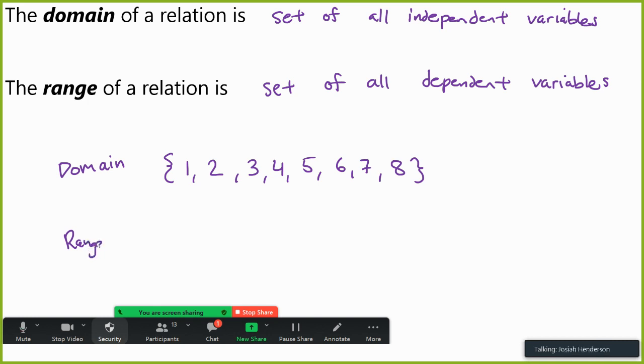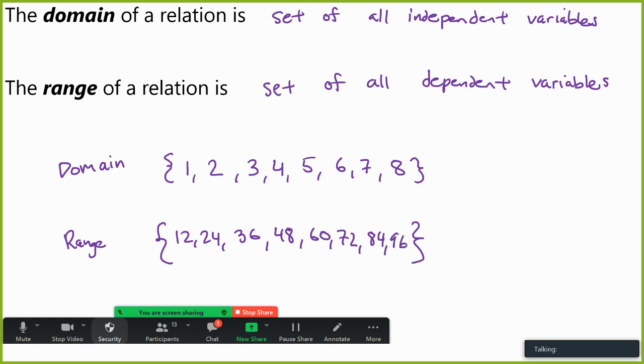And the range is the list of numbers that corresponds to all these domain numbers. So it's all the dependent variables that we found. And that was 12, 24, 36, and so on. So we kind of already had these numbers, right, in a table form.